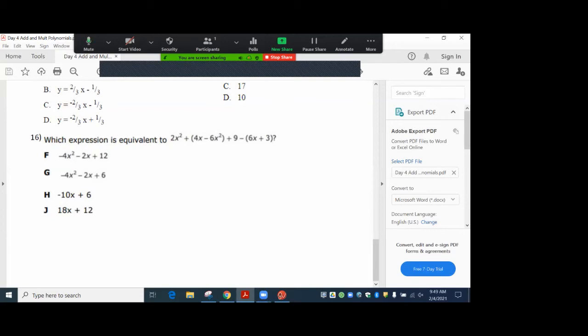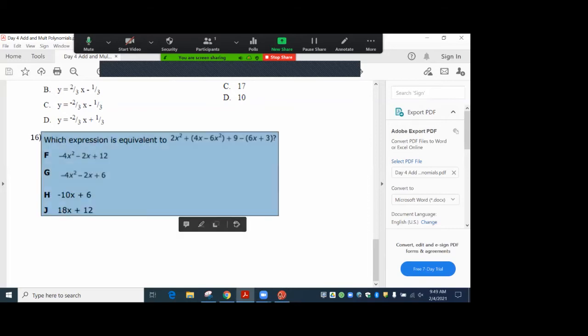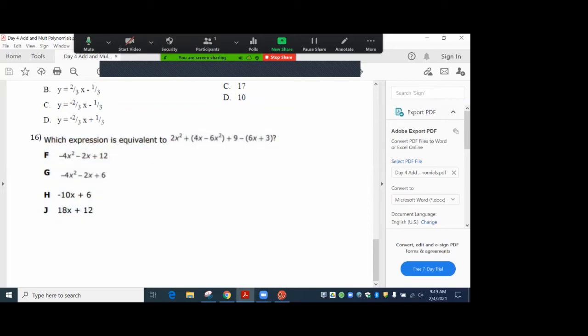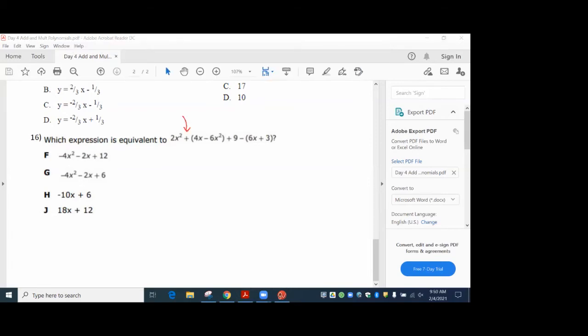All right, let's take a look at this question. This question is not old review, this is new review. This right here is not going to keep you from passing the STAAR test, so if you don't know how to do this, you're going to be okay. What tells me what to do here? It's actually these right here.